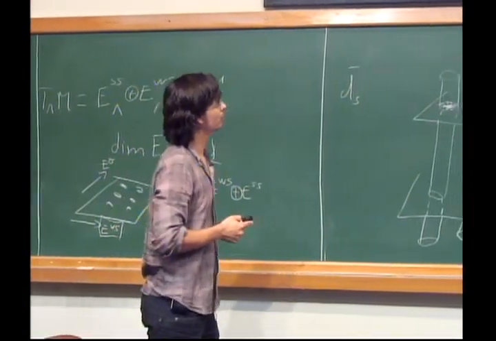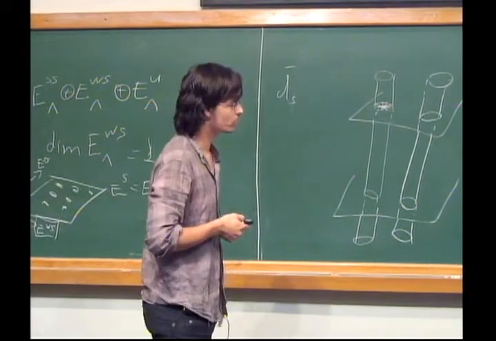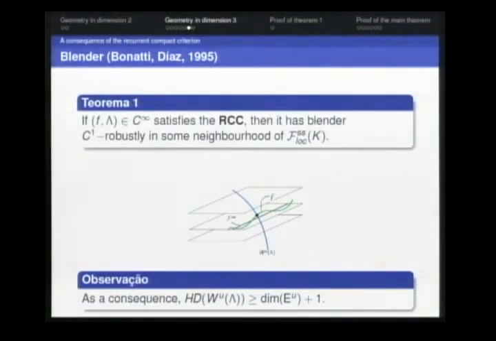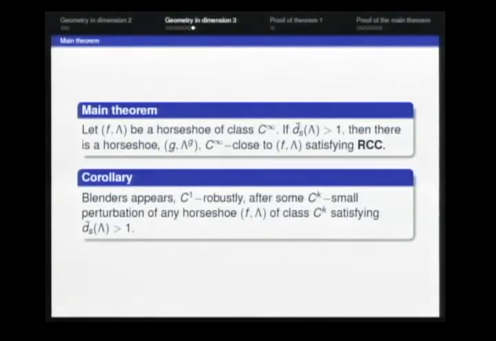And this is a consequence of the recurrent compact criterion. And I forgot to mention the recurrent compact criterion is robust, so this consequence is robust. So the main theorem is a sufficient criterion to guarantee that the recurrent compact criterion is satisfied. And this condition is the one I mentioned before, a fractal dimension condition.